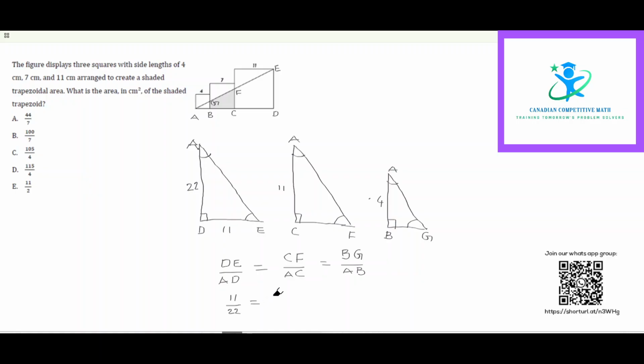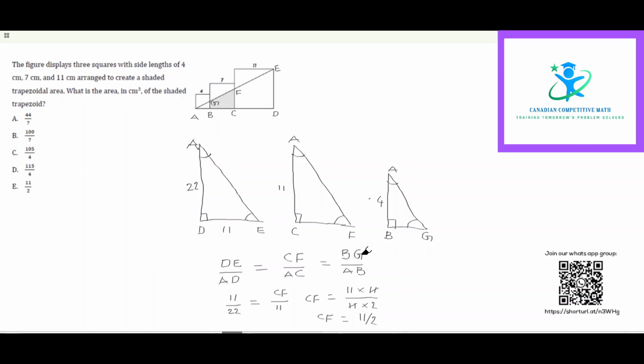Now we want to know CF, and AC is 11. So CF will be equal to 11 times 11 by 11 times 2, so CF equals 11 by 2. Now we know what CF is.